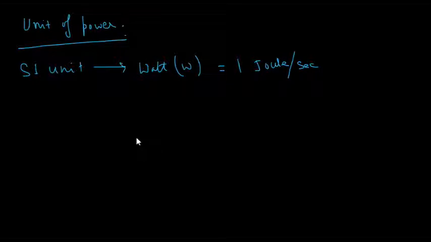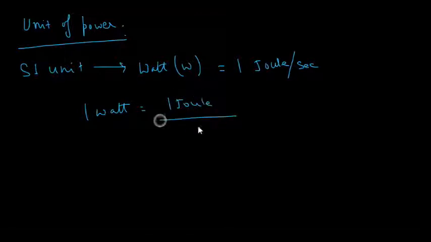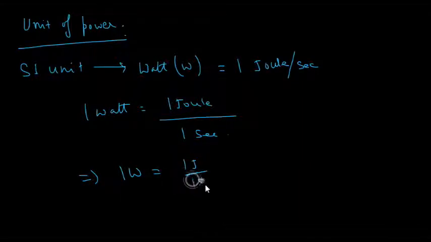So 1 watt is equal to 1 joule upon 1 second, or we can write it as 1 W is equal to 1 J upon 1 s.